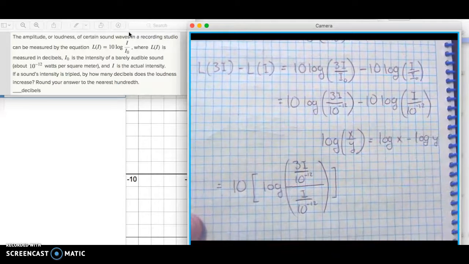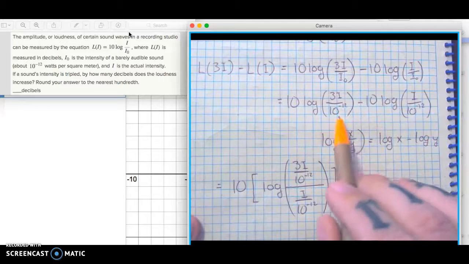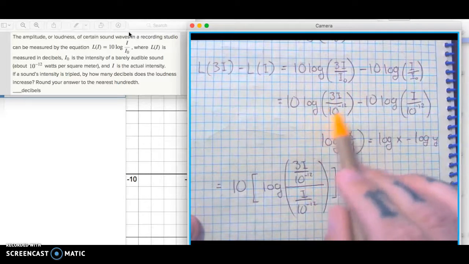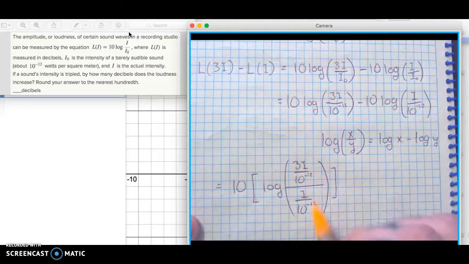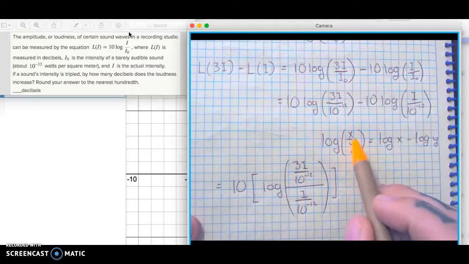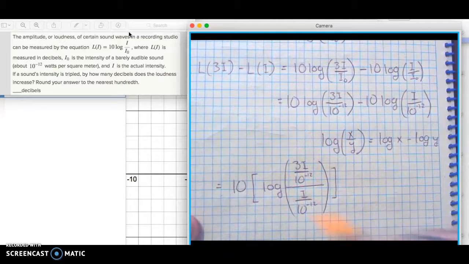All right, there we go. So all I did was use this quotient property of logarithms, and I took the argument of this first logarithm and the argument of this logarithm, and I took the quotient of them. So this is the quotient. Essentially this is x and this is y. So I took x over y.